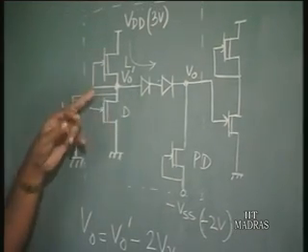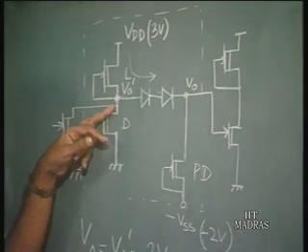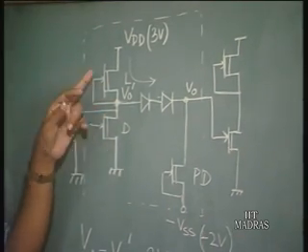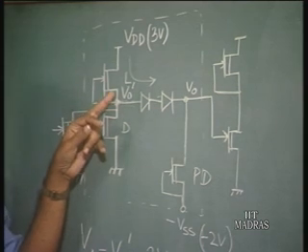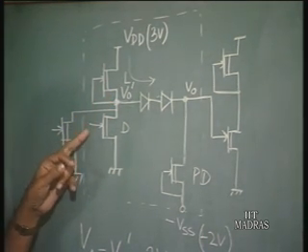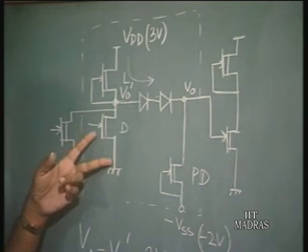Because you see that this load transistor, the gate to source voltage is always 0 volt. So irrespective of the conditions, the load current does not change, whereas for a driver transistor the gate to source voltage matters. If the input voltage goes high to 0.7 volts, there is a large current here.